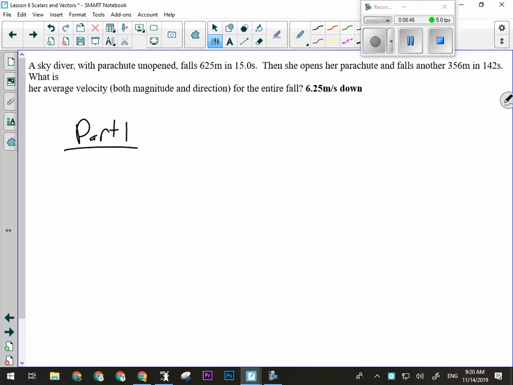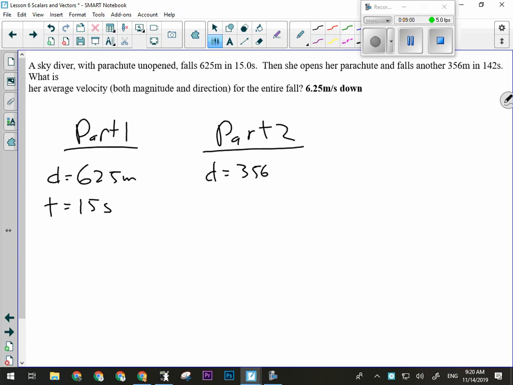So in part one, we know that they're going to fall 625 meters, and they're going to do that in 15 seconds. And then in part two, with the parachute open, they're going to fall 356 meters, and that's going to take 142 seconds. All right, so if we want to find her average velocity with both magnitude and direction, then we need to find the total displacement and total time.